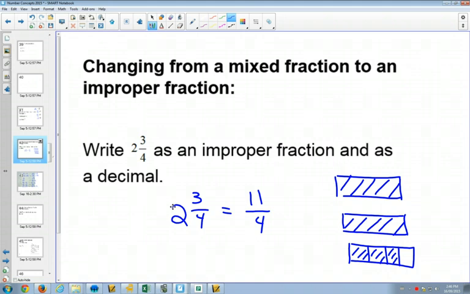But if these ones that are full, if I open them up, I would see inside how many pieces does each chocolate bar have? It has 4. How many pieces do I have in total, if I was just counting pieces? 11 of them. So 2 full chocolate bars plus 3/4 is the same as having 11 pieces or 11/4.